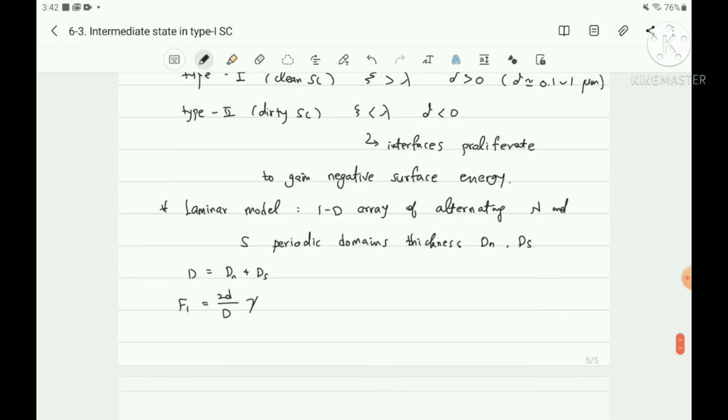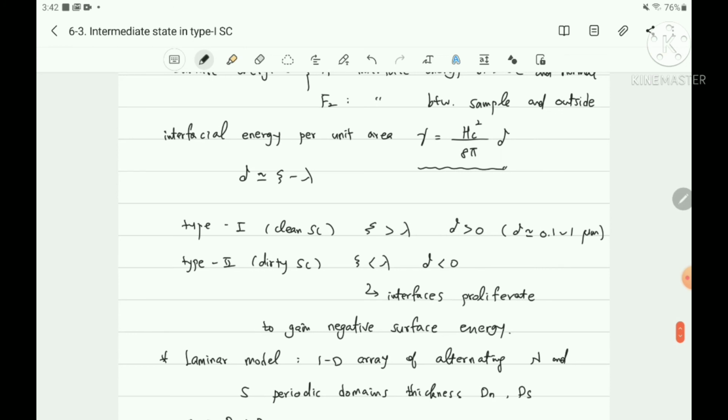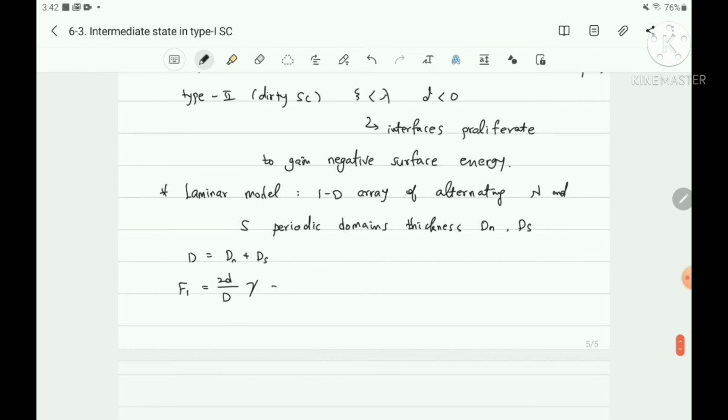And here the interface energy we already said is 2D over D times delta HC squared over 8 pi.